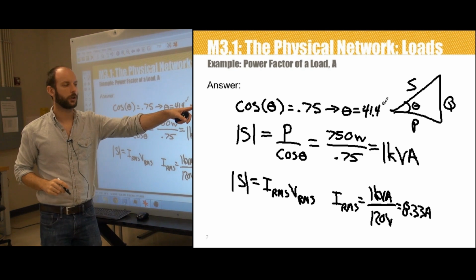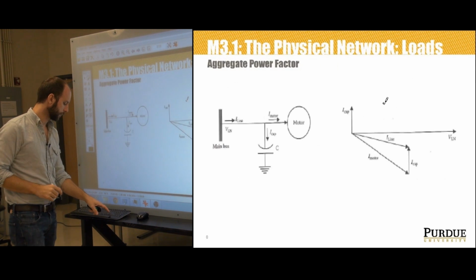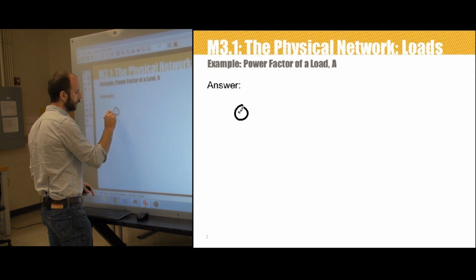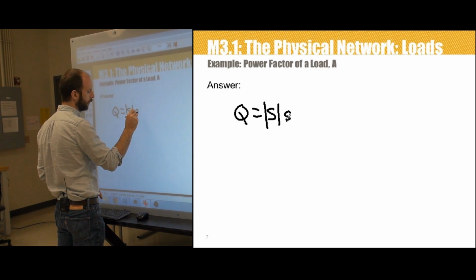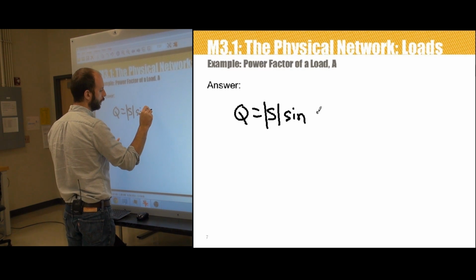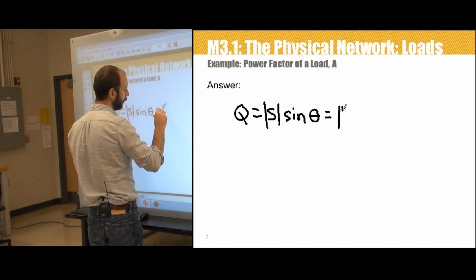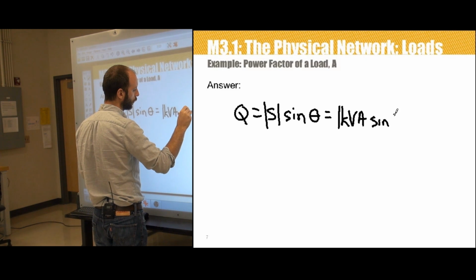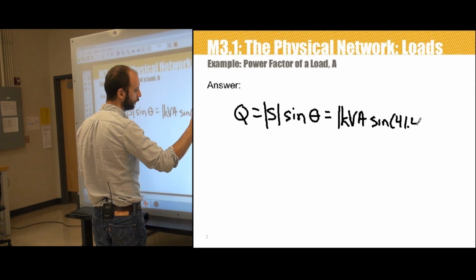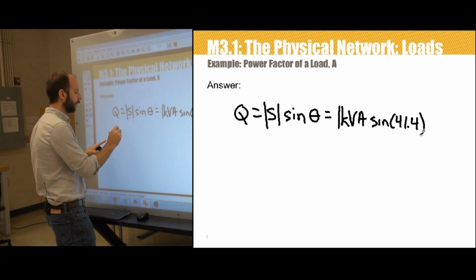And I can determine Q by multiplying S times the sine of theta. So that's 1 kVA times sine of 41.4, and that's 661 var.